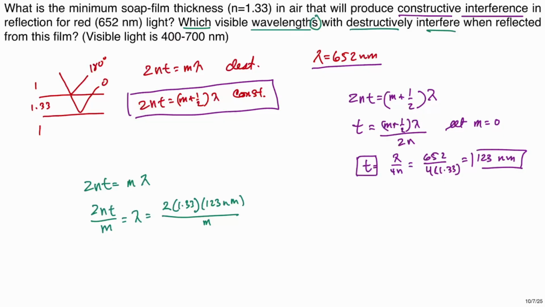Okay, so let's just do a little bit, because the thing on the top is a number, right? What's the number? 327 nanometers? Okay. Divided by m. They said wavelengths, plural. Is there more than one wavelength in this answer? Yeah, because what's m?